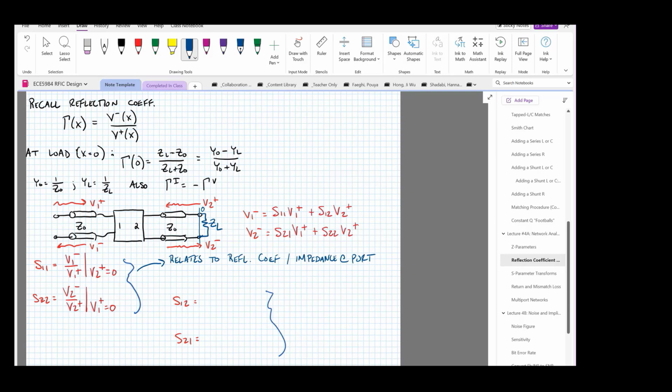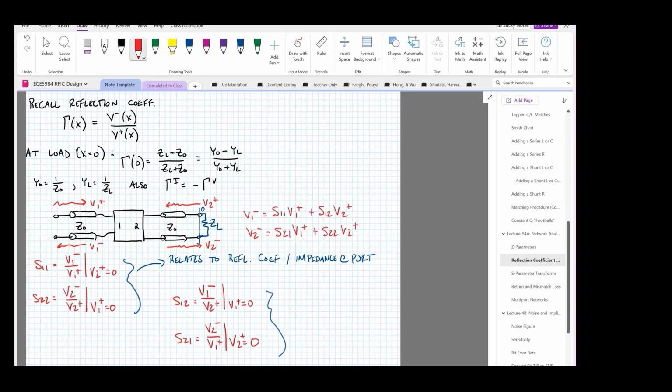All right, I have S12 and S21. S12 is equal to V1 minus over V2 plus when V1 plus is equal to 0, and S21 is V2 minus over V1 plus when V2 plus is equal to 0. And what are these things? Transmission.